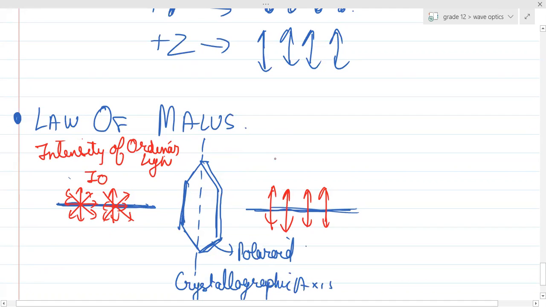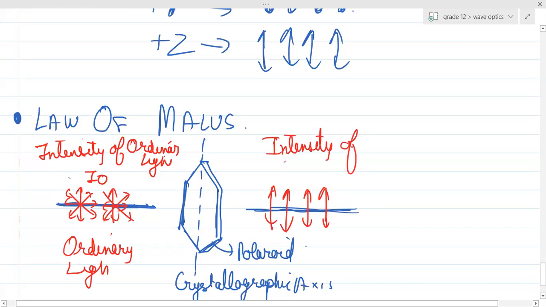I'll tell you the law of Malus when it comes. So the intensity of ordinary light is basically this, and this is the intensity of this plane polarized light, this is the plane polarized light.